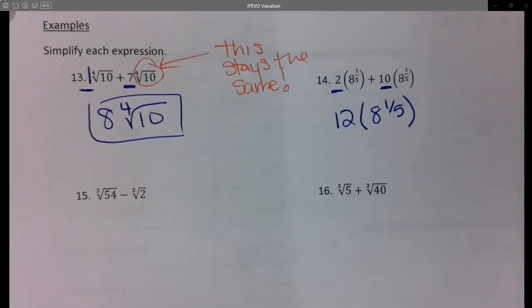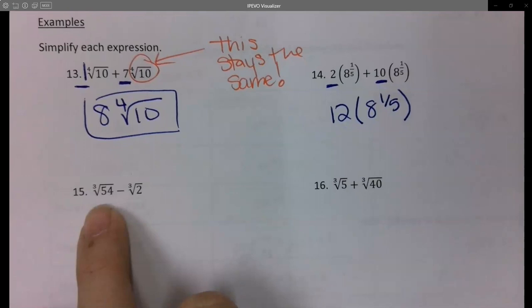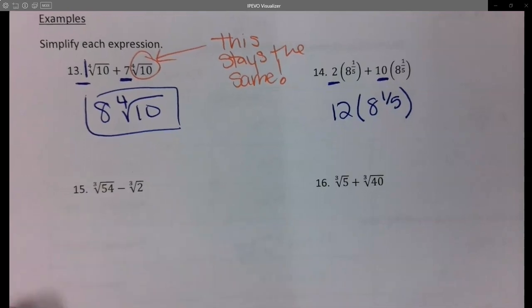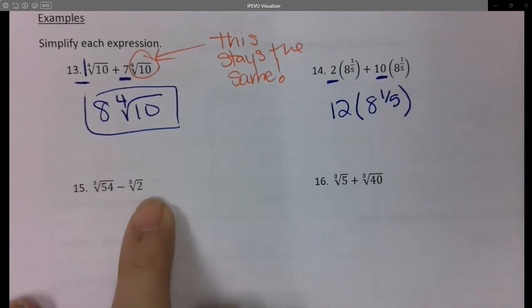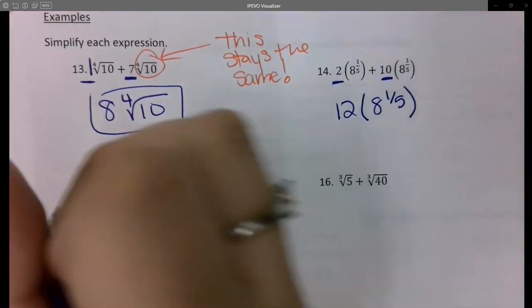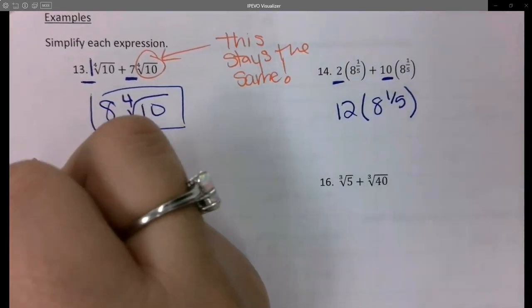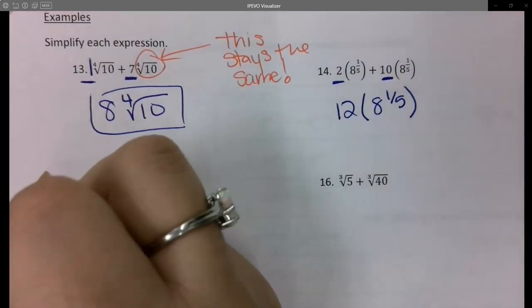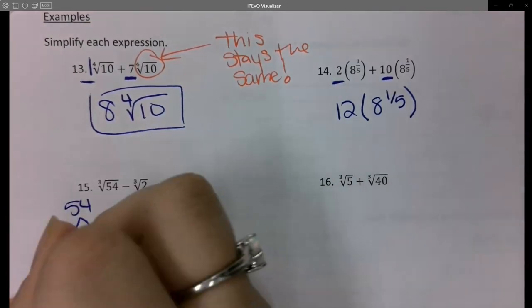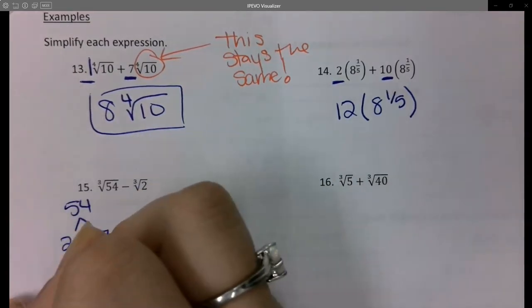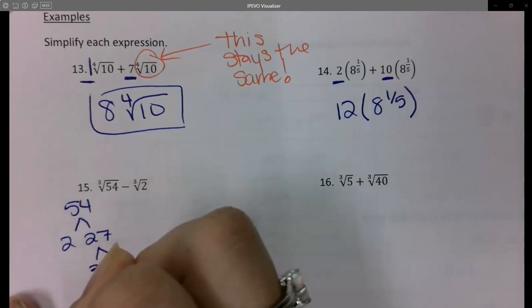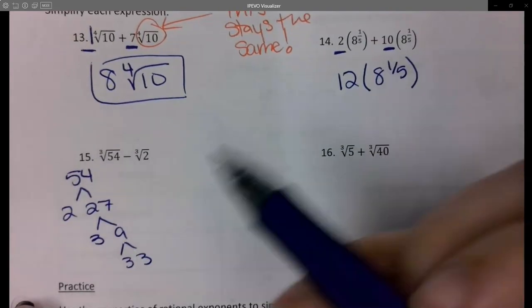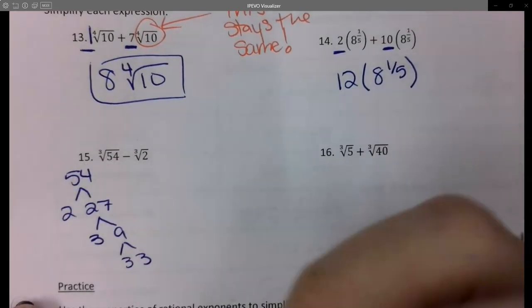Okay. Notice on number 15, these are not the same number. So what I need to do is factor tree 54 so I can get the same number. 54 is even, so I'm going to get 2 and 27. And then 27 goes to 3 and 9 and 3 and 3. This one is a cube root, so I'm looking for 3 of the same number.